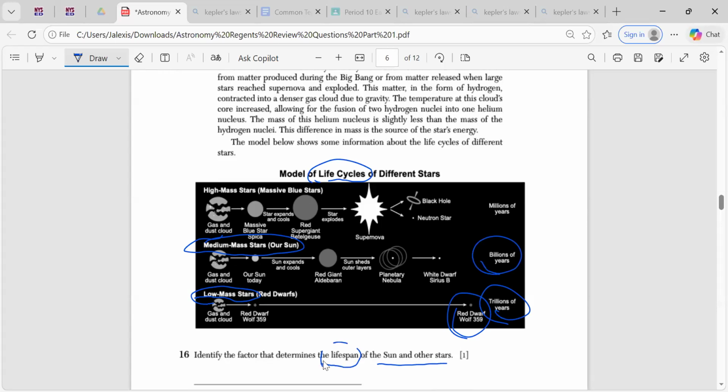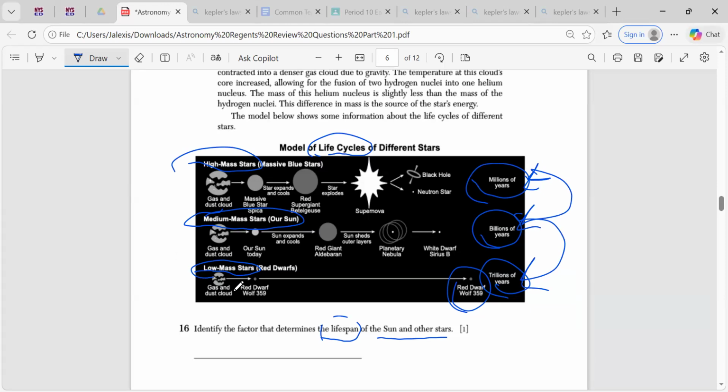So I'm definitely highlighting any information about lifespan. And I see for high mass stars, the lifespan is in millions of years. So these three represent my different categories of lifespan. And how are these categories separated? I see low mass stars, medium mass stars, high mass stars.